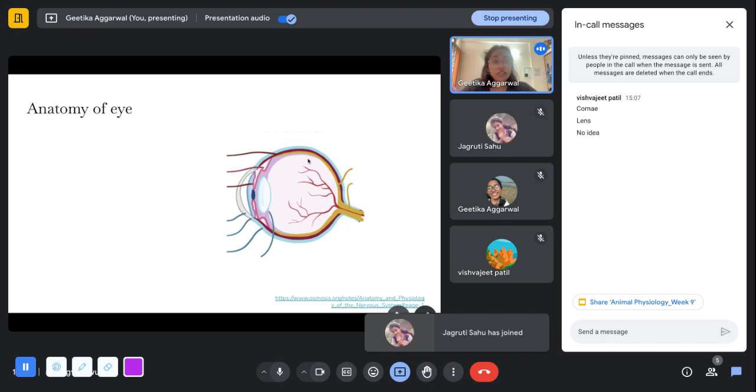So can you guess this layer which forms the back of the eye? No idea. Okay. And what is this that controls the aperture here? Any idea?